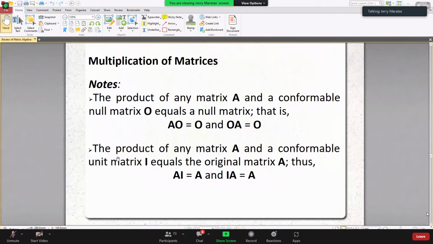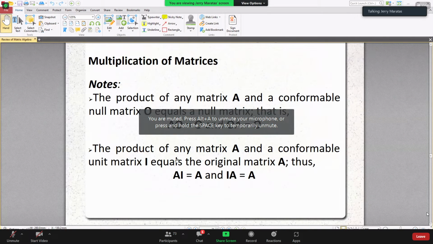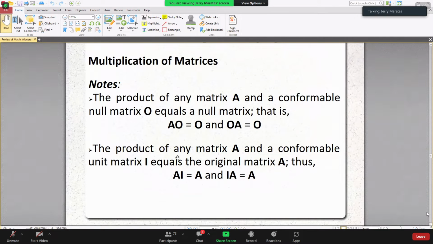Now, if you multiply matrix A by a conformable unit matrix I, the result is just equal to the original matrix A. So your identity matrix or unit matrix is basically equivalent to 1. If you multiply a matrix by 1, the result is the original matrix.